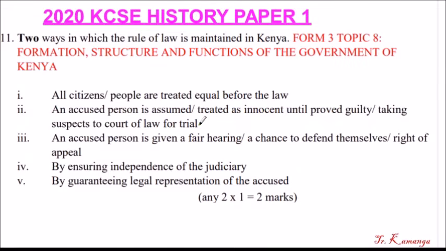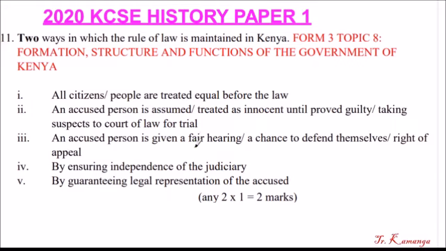law for trial. So when the police arrest a person, they are not supposed to assume that the person is guilty. They are supposed to take the person to court, even if they have found the person in the act of doing the wrong thing or breaking the law. Number 3, an accused person is given a fair hearing, a chance to defend themselves, right of appeal.